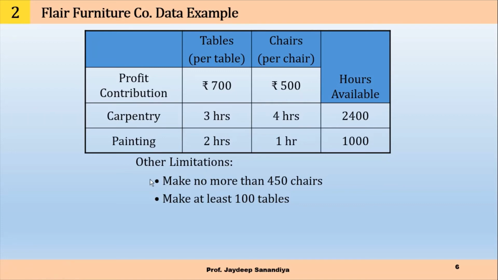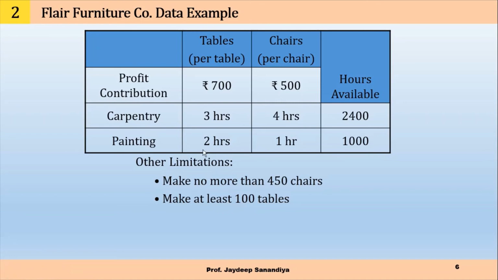Make no more than 450 chairs will be a less than or equal to type constraint, and make at least 100 tables will be a greater than or equal to type constraint, right? At least means you have to produce a minimum of 100 tables. You may produce more than 100, but minimum you have to produce 100 tables. So this constraint is of greater than or equal to type.